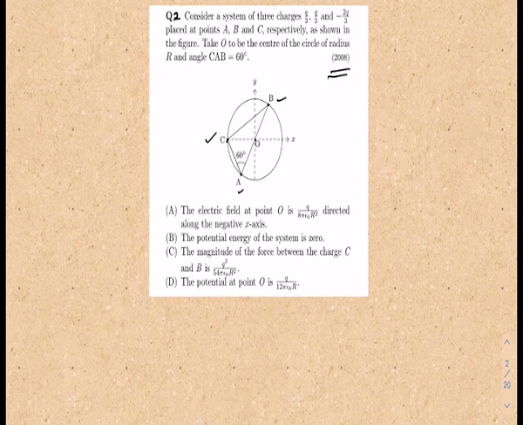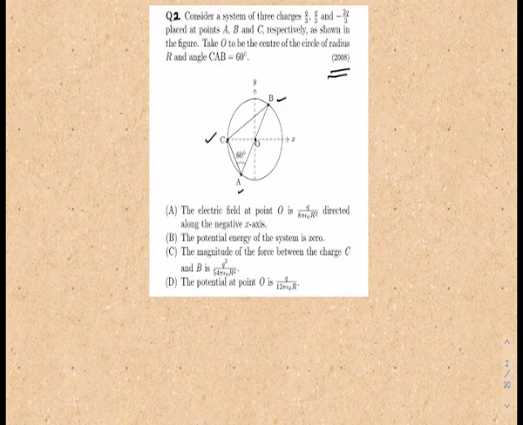Take O as the center of the circle of radius r, and the angle CAB is equal to 60 degrees. Four options are given. The electric field at point O is this much, directed along the negative x-axis, and the potential energy of the system is 0. So these four options are there.